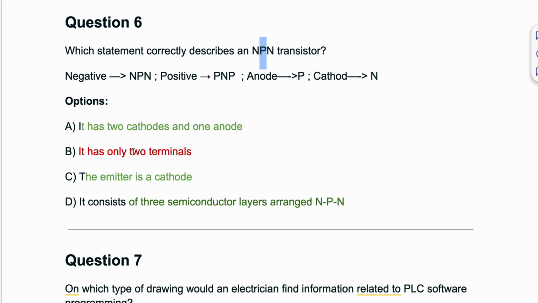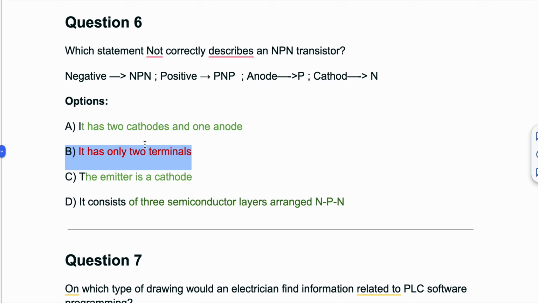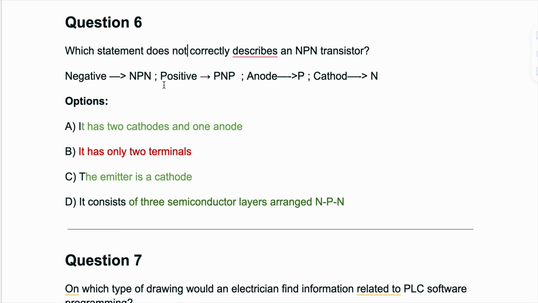So this question has three answers. Maybe we can change this question to ask which statement is not correctly described. If we write it here, "not correctly described," then this B can be the answer: it does not describe an NPN transistor.